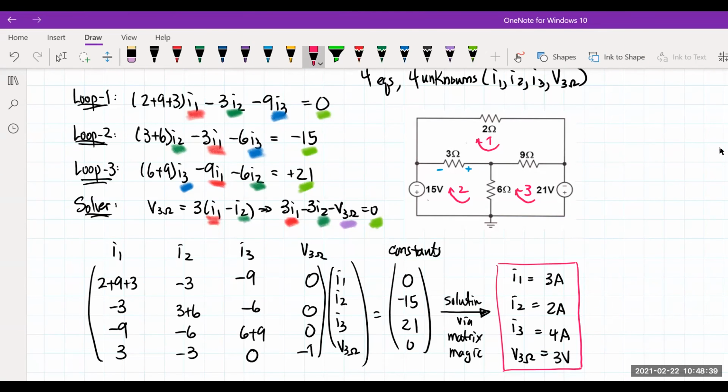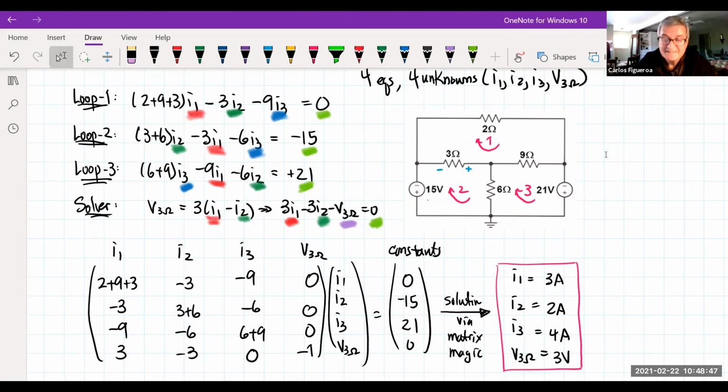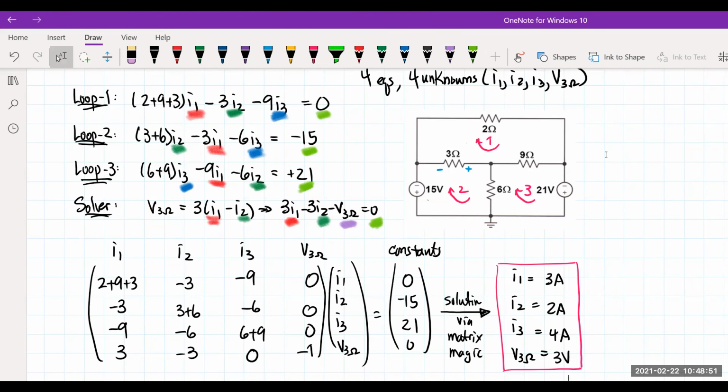Question? Yes. Does this work if you don't have the same rotation for each loop? It does not work. So you need this. You've chosen clockwise, but I could have equally chosen counterclockwise.